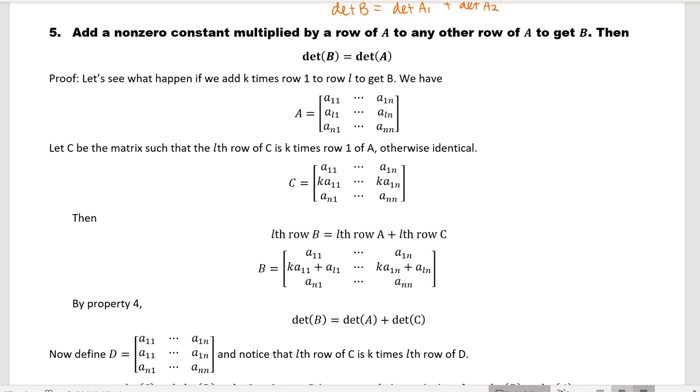Okay? Proof. Let's see what happens if we add k times row 1 to row L to get B. So this is row 1.